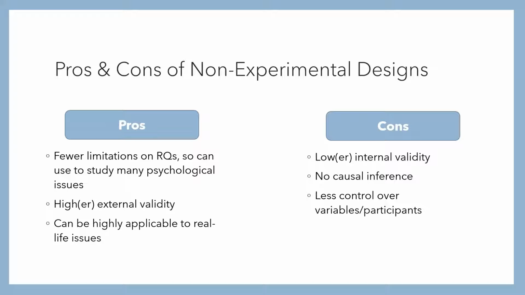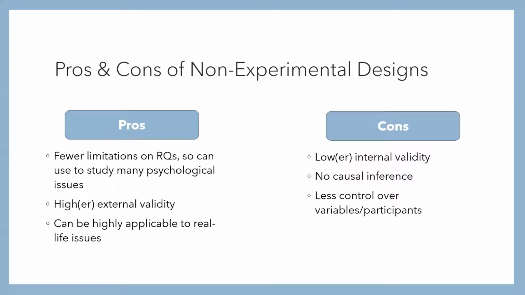These designs can also display higher external validity, which, if you remember, means that their results may be more congruent with what is actually happening in the real world, because they have all the same influences of the real world. They're not in some, so to speak, very sterile lab environment where everything else is being controlled for. These designs can also be highly applicable to real-life issues because they look more like real life.